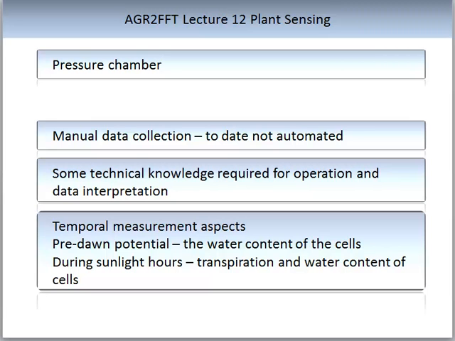If, however, you measure your plant's water potential during the sunlight hours, you are effectively examining two processes at once: the transpiration characteristics of the plant at this point, as well as the water content of the cells. Please note, you cannot differentiate transpiration and water content of the cells with the pressure bomb measurement during sunlight hours. You just have to accept that it is a combination of both of these measurements.